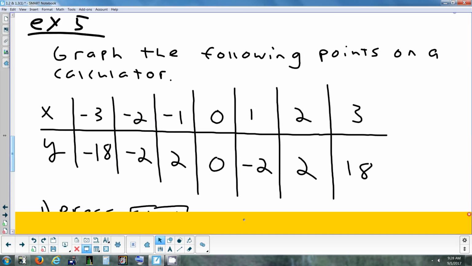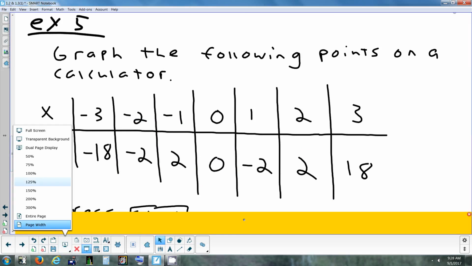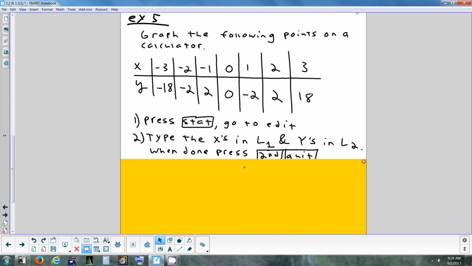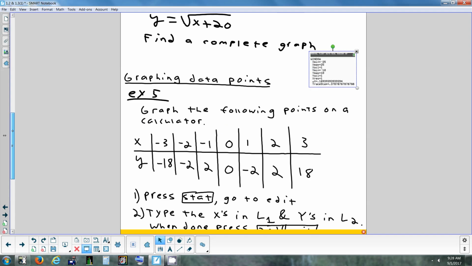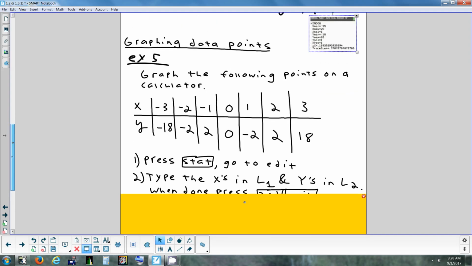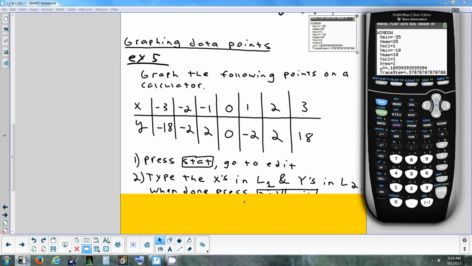I'll try to make this a little smaller, and I'm going to show you how you can type in points into the calculator. To type in these points, the first thing we're going to do is press Stat and go to Edit. So Stat is right below the delete key.